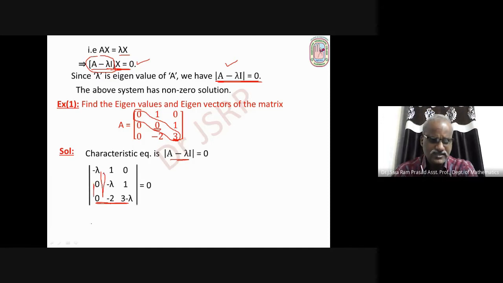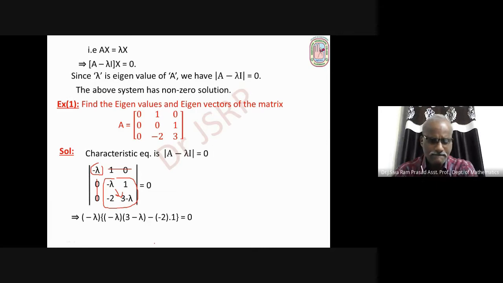So minus lambda into, remove this row and this column, so the determinant of this matrix: minus lambda into (3 minus lambda) minus (minus 2) into 1. And the other two terms become 0 since I expand the determinant with respect to the first column.